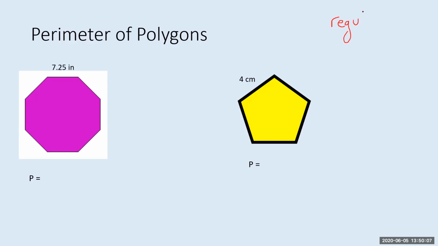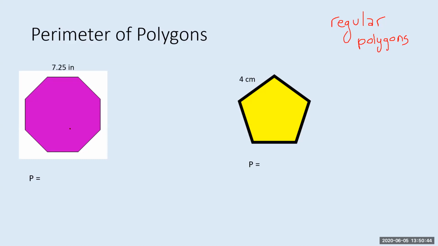Now, a lot of times with geometry problems, I tell you not to assume the measurements of sides. You want to be very careful about making assumptions just by looking at the pictures. But we're going to see with these two examples that we can make some assumptions. Let's look at the purple one first. Let's say I'm taking the test and it says something like, calculate the perimeter of the shape shown below.